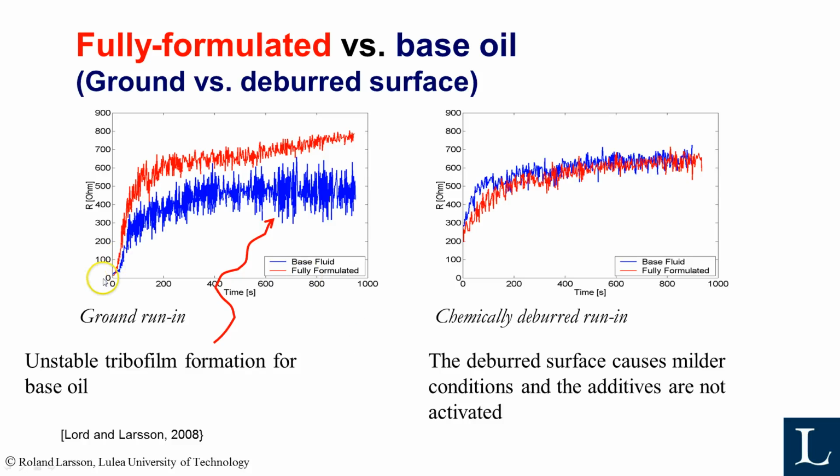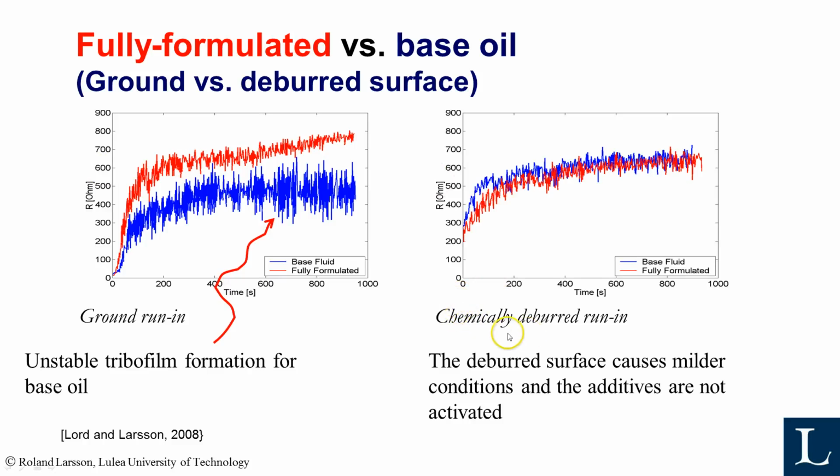But then when running in takes place, the resistance increases more and more, because the asperities are plastically deformed, and the film formation is better and better. You can also see here that the fully formulated gave us a bigger resistance, so we probably created both a tribofilm and a fluid film, which gave good insulation electrically.